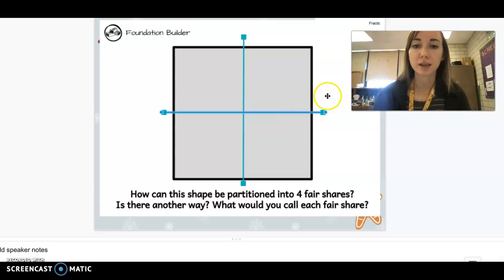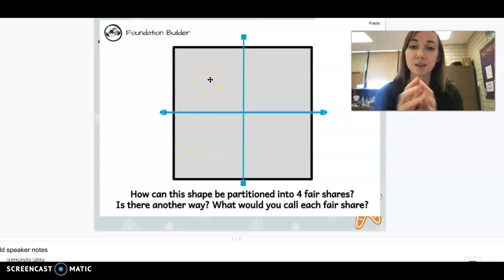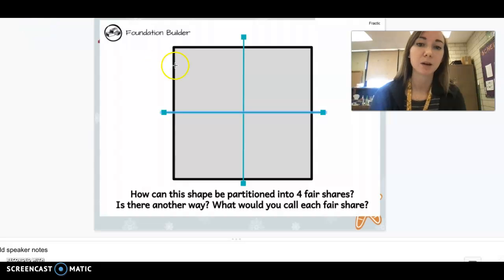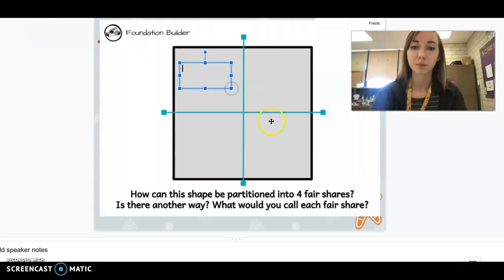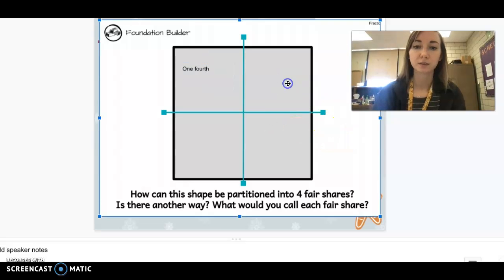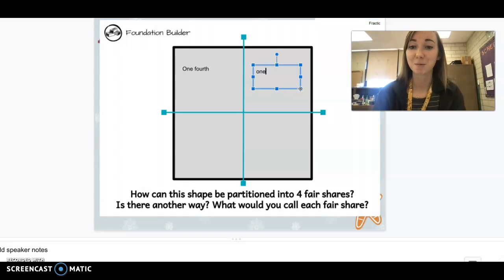And what would we call this? So we have 1 part, 2 parts, 3 parts, 4 parts. So there's 4 parts that we take to make this whole square. And now we are going to label them. This is 1/4. Over here, this is also 1/4.